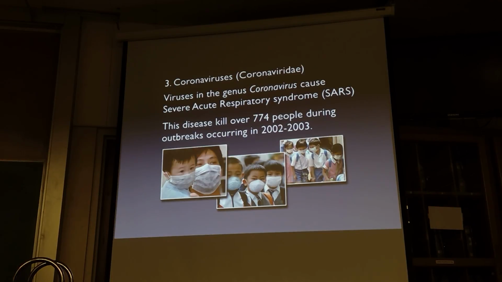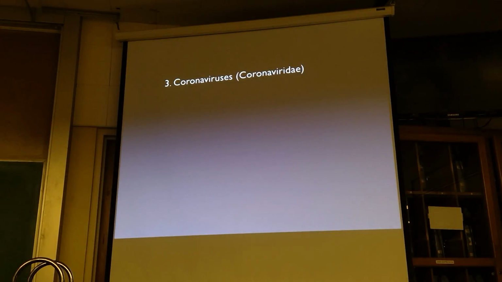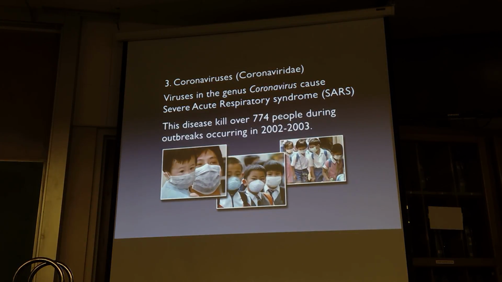Cases occurred throughout the world. And what was impressive about it was how quickly they came up with a method for identifying these viruses using basically DNA analysis. So they now know how to identify this type of virus very quickly when it shows up.